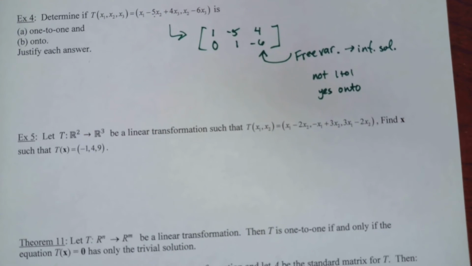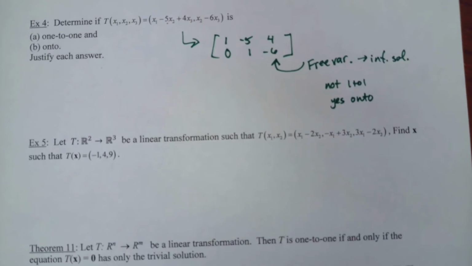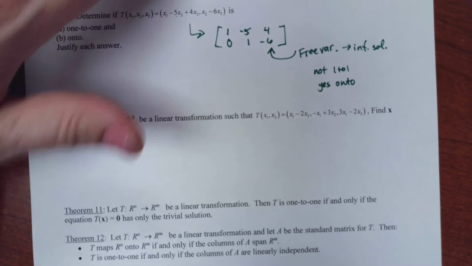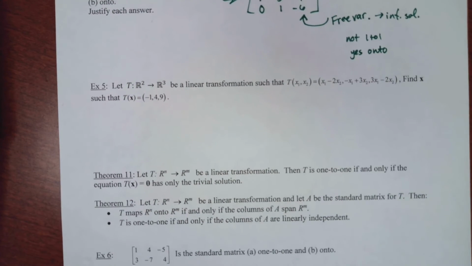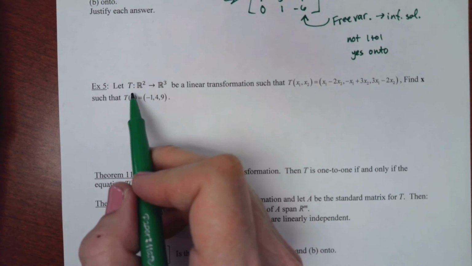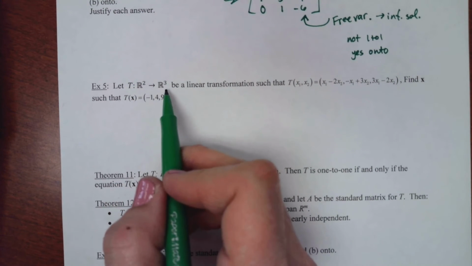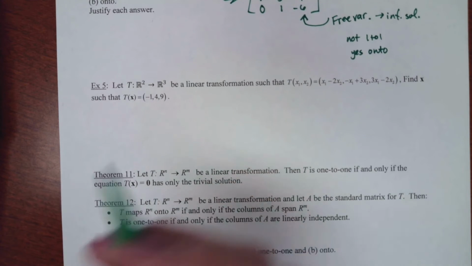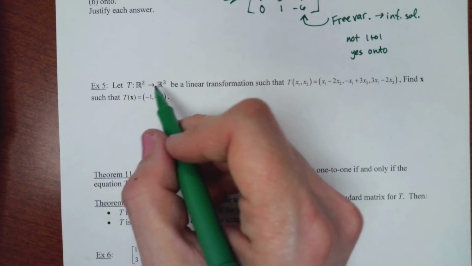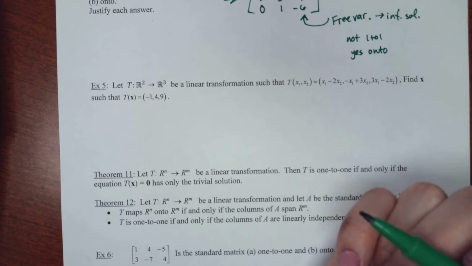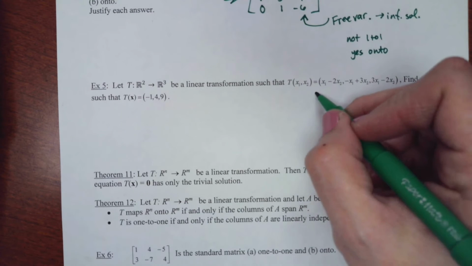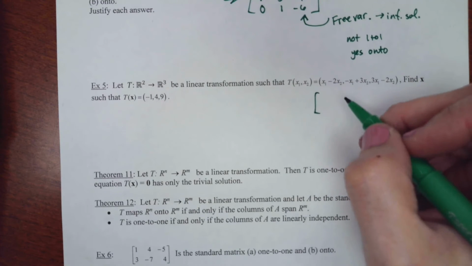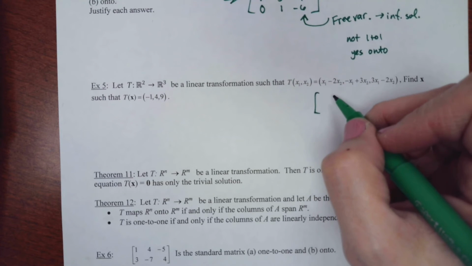Okay. Now I see this is a little bit out of focus. Sorry about that. So this guy here: you have a transformation from R2 to R3. Recognize that you are going from 2 dimensions to 3 dimensions. So your transformation is going to be, oops, I drew that a little bit too short.